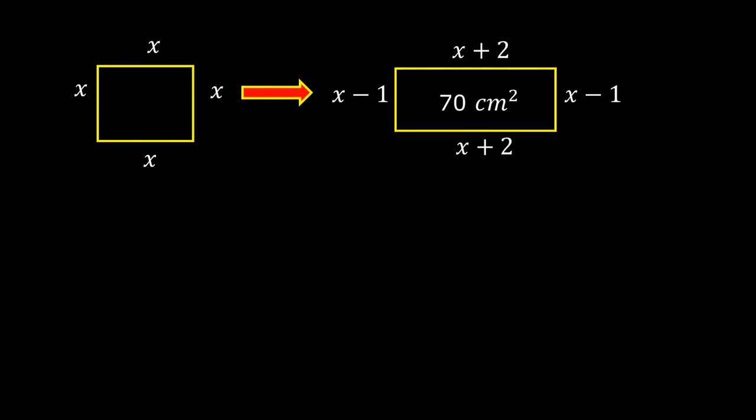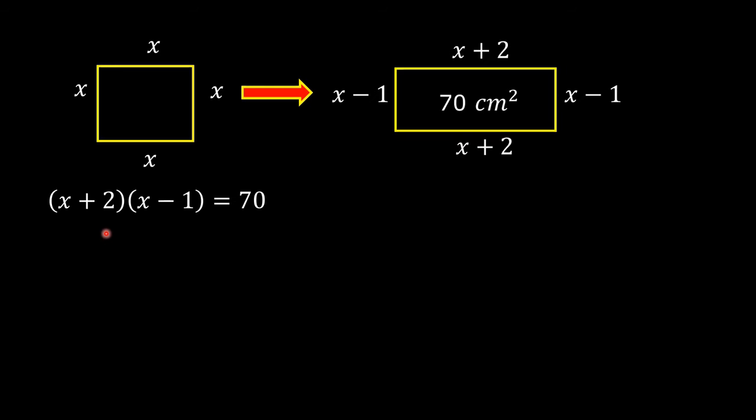This is the square, and this is the resulting rectangle with a width of x minus 1 and length of x plus 2 and area of 70 square centimeters. So to find the area, multiply the width by the length, or the length by the width.